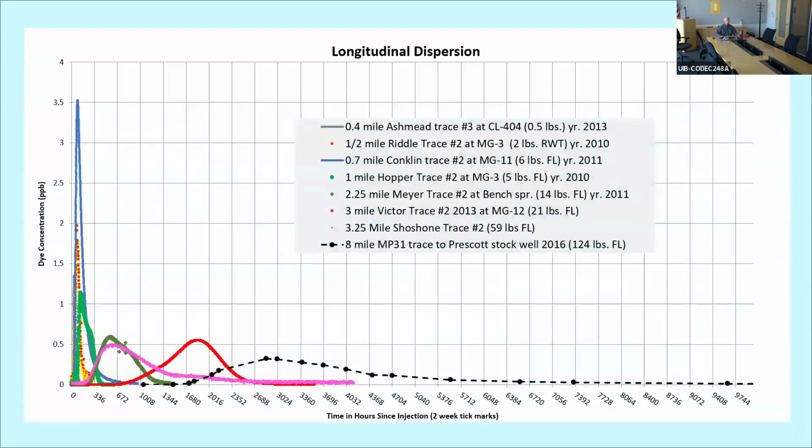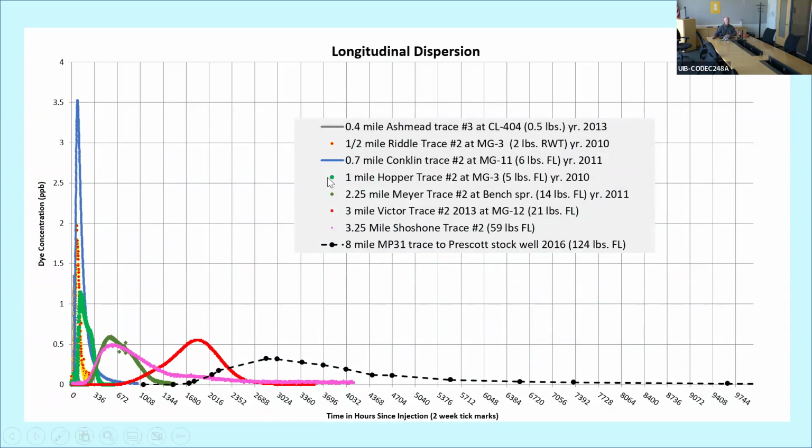And so this is a look at the longitudinal dispersion of fluorescein dye, which is the dye of our choice. On the left, you'll see very short, high amplitude peaks of breakthrough curves for dye, and those are short traces.